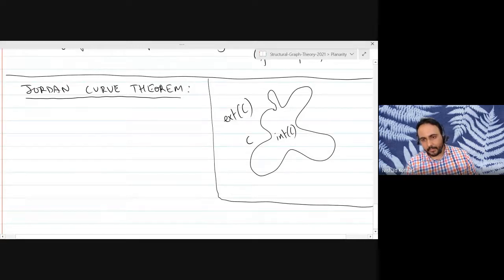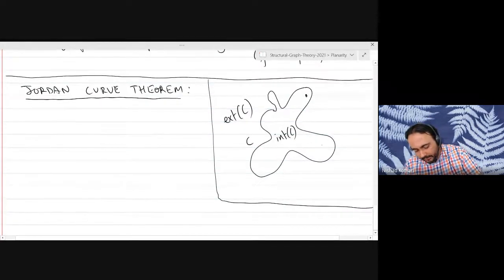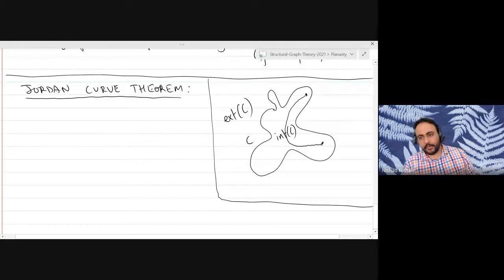And both of these pieces are connected. It's called arcwise-connected in topology. We will write down the definition. The key point is, if you take two points in the interior, you can connect them by an arc that does not cross the curve.